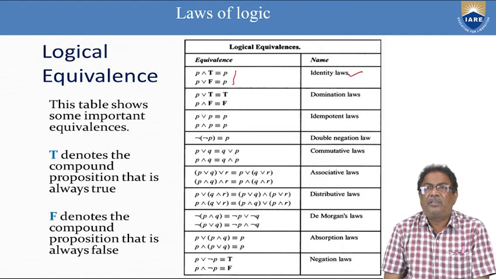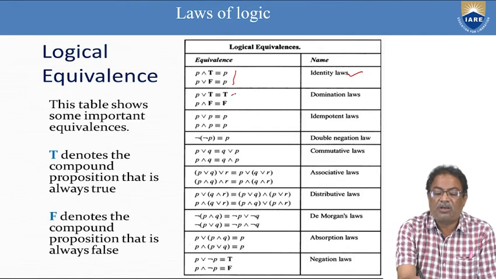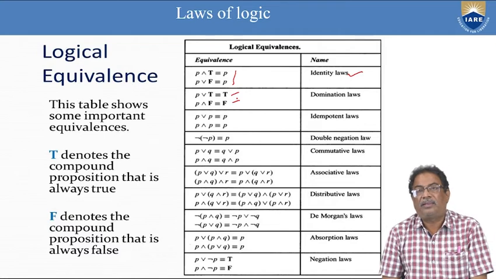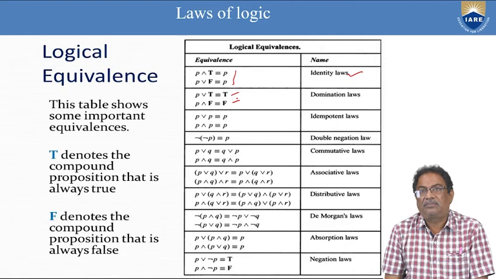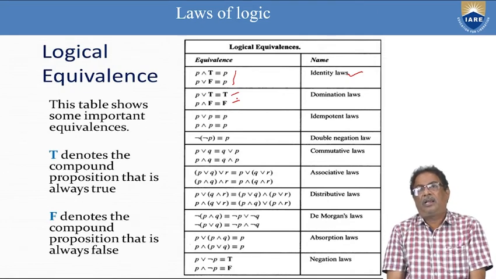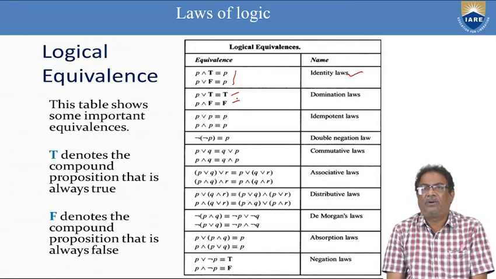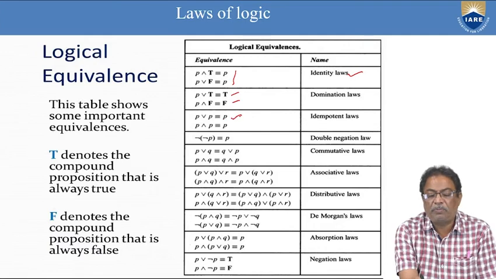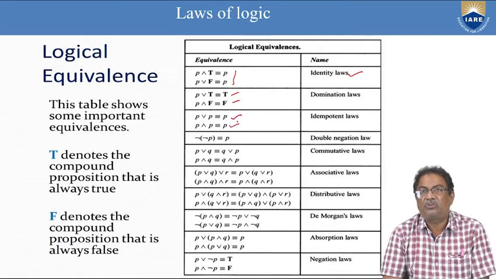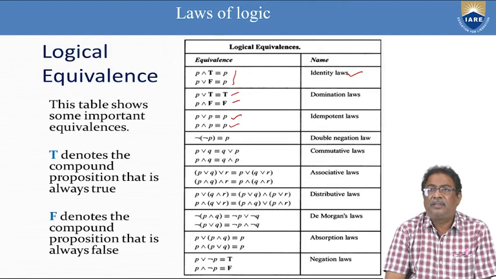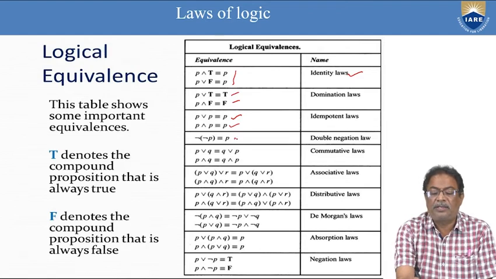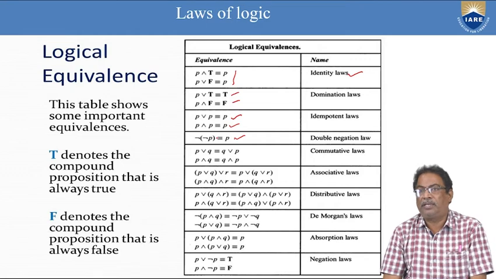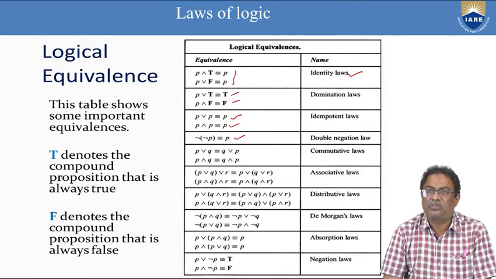Next, domination laws are like this: P or T is equal to T, and P and false, where P is any proposition, will become false. Idempotent laws: P or P is equal to P, and P and P is equal to P. Then double negation: if you take the double negation of P, it is equal to the given proposition P.